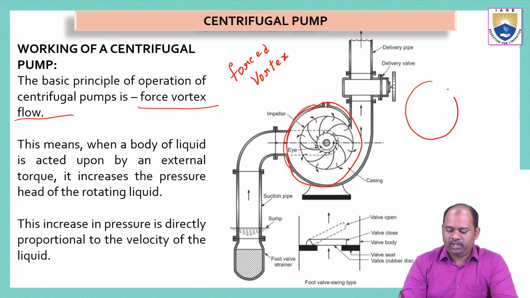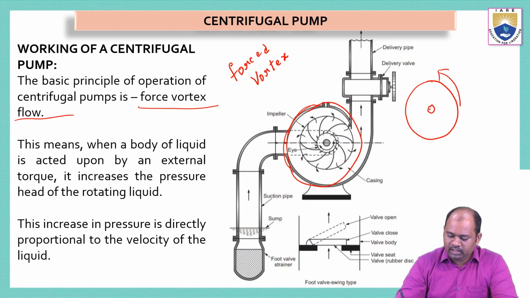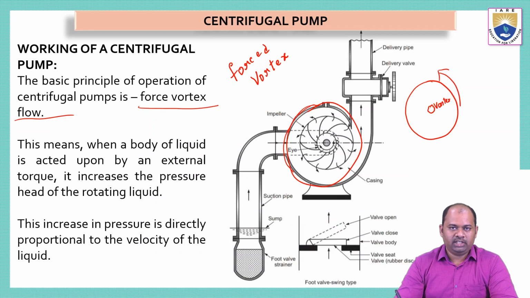Now when the water rotates in this direction, at the center of the rotation of the water, we can see the formation of the vortex. So what is the plane of this vortex? The vortex will be formed in the horizontal plane. Here the vortex will be formed.